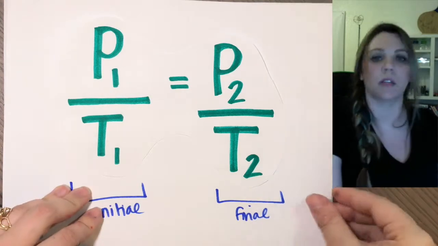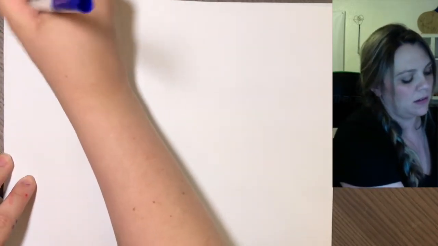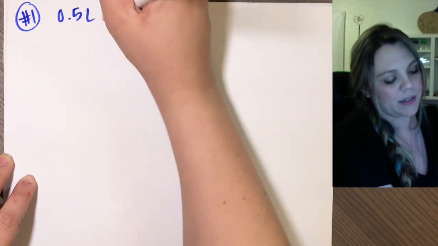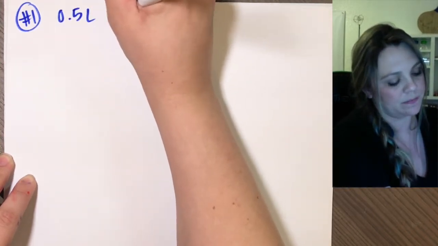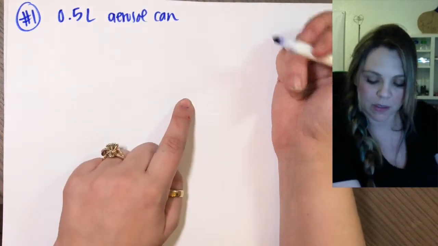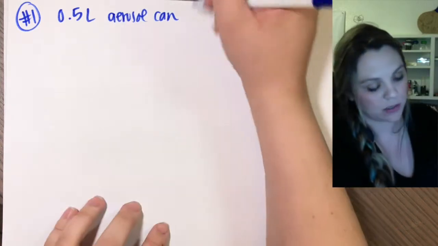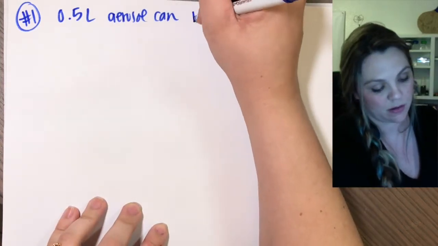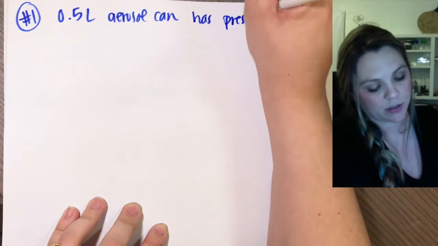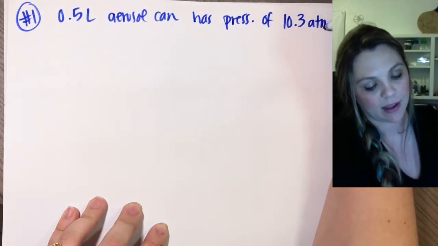One example, because that's all you need. If we had a 0.5 liter aerosol can, like hairspray, and it's compressed gas, the internal pressure is 10.3 atmospheres.